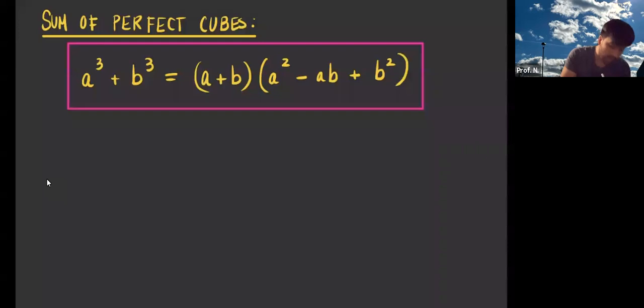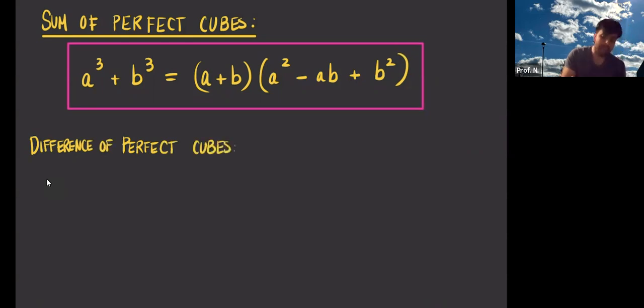And then the difference of perfect cubes, sorry, not the sum, pardon me, I just wrote that. The difference of perfect cubes is a cubed minus b cubed.